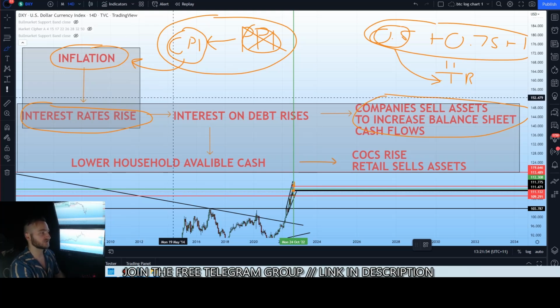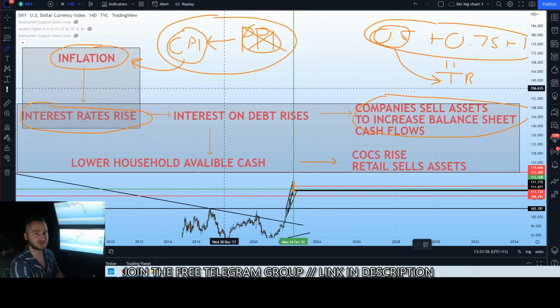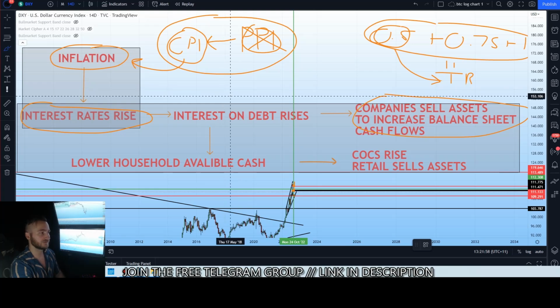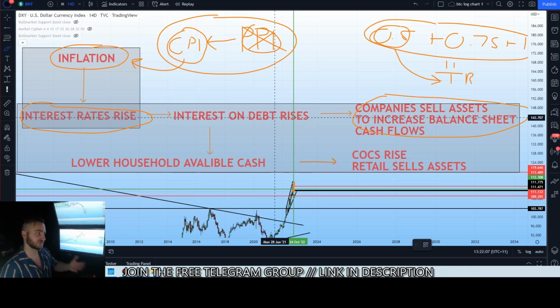That is positive because it reduces the incremental increases in interest rates and gets us closer and closer to a pivot, where interest on debt starts to change. People start investing more money, people start taking loans again, and the prices of assets start to rise. So it's very important to understand that.